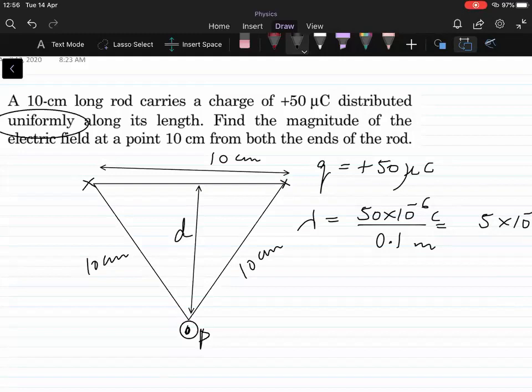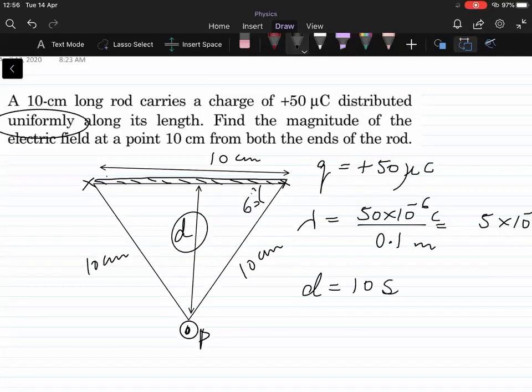That is why the three points, that is the two ends and the point P, they form a right angle triangle. So from this we can calculate the value of D. What will that value of D be? 10 sine 60, because this angle is 60 degree. 10 sine 60, which is equal to 5 root 3 centimeter.